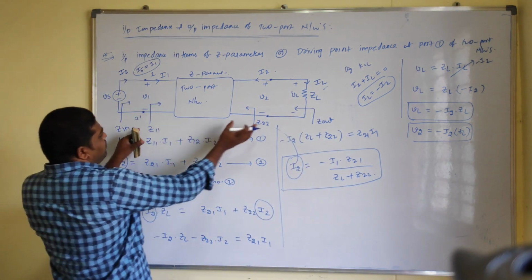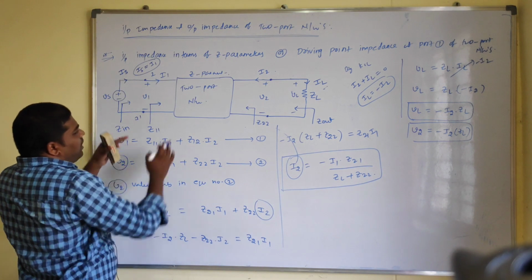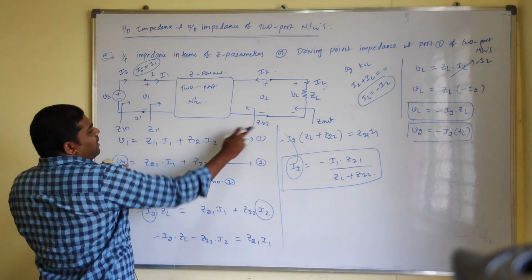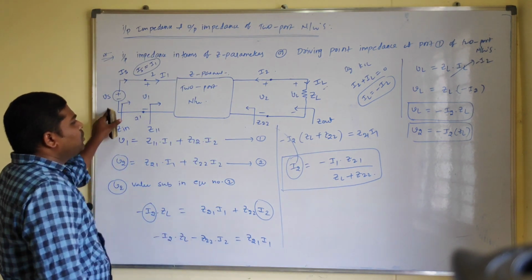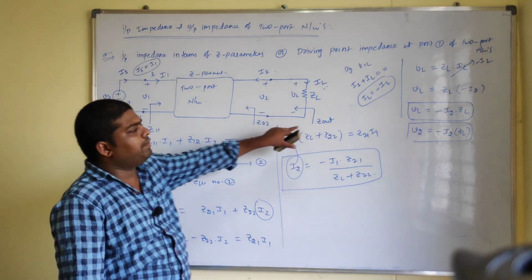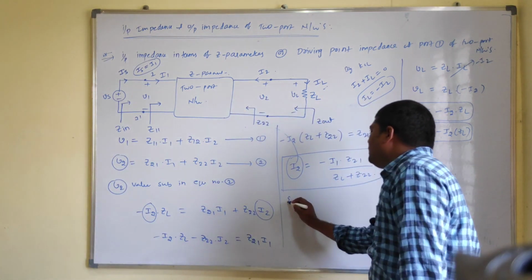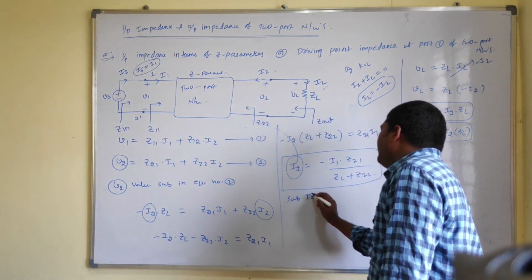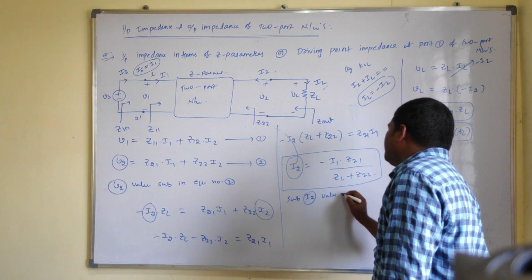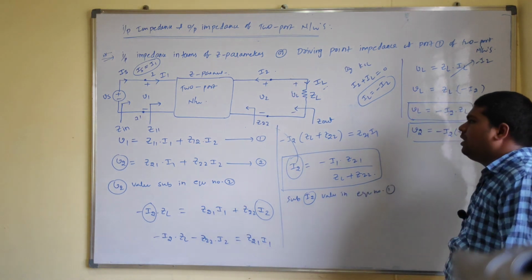That means this entire thing is a two-port network which relates to these two parameters. By adding source and load, you get input impedance Zin and output impedance Zout. And next, substitute the I2 value in equation number 1. Then what do you get?